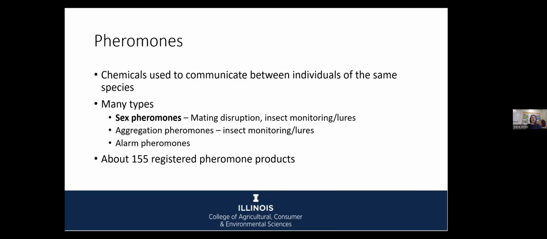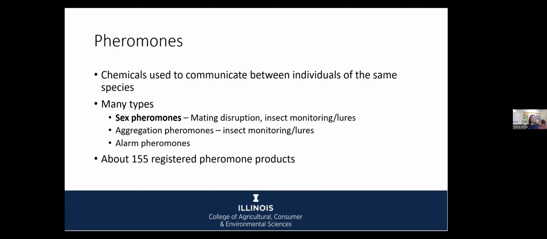There are lots of types of pheromones for the purposes of orchard monitoring and some of our control techniques. The type that we use are sex pheromones. We use these for a lot of insect monitoring and lures, and we use them for mating disruption, which I'll talk about briefly as well.